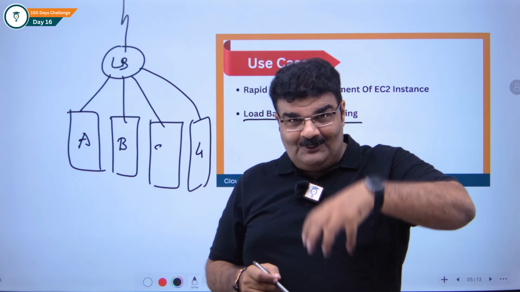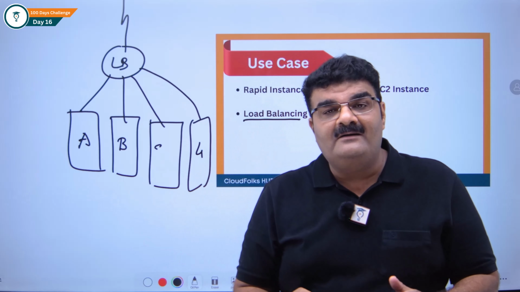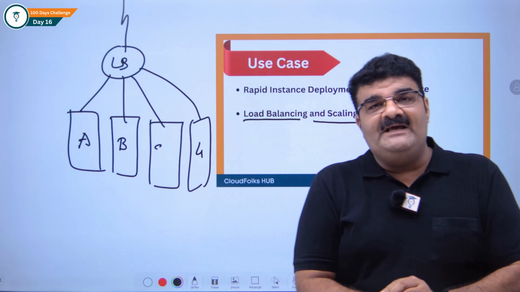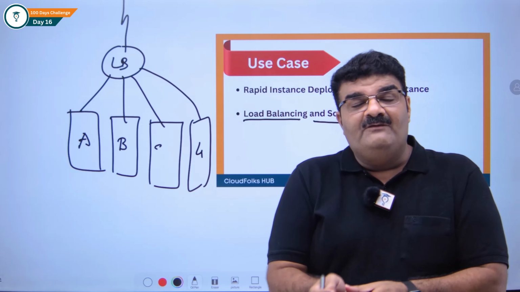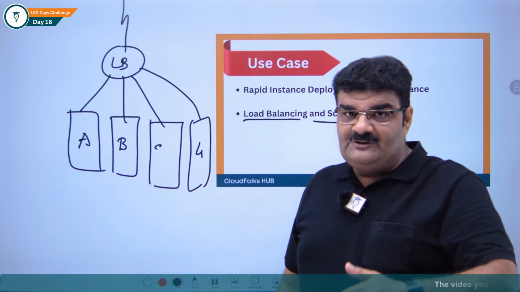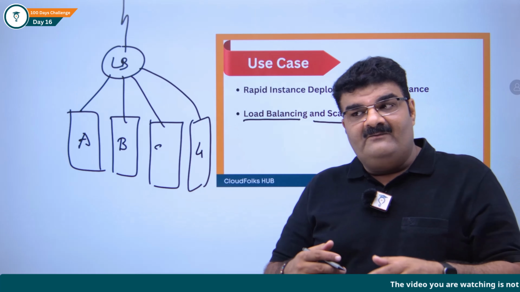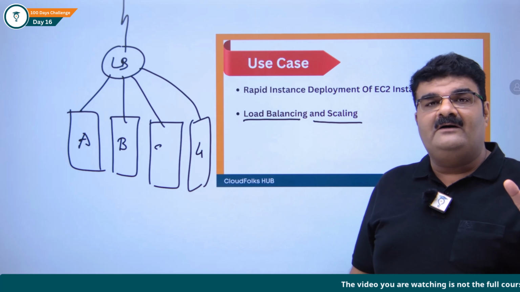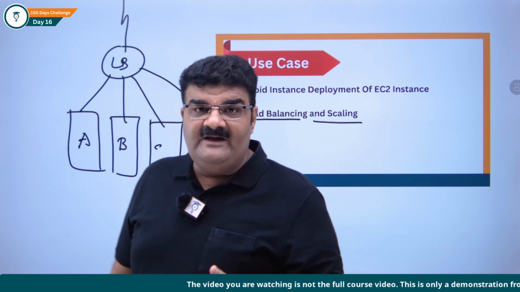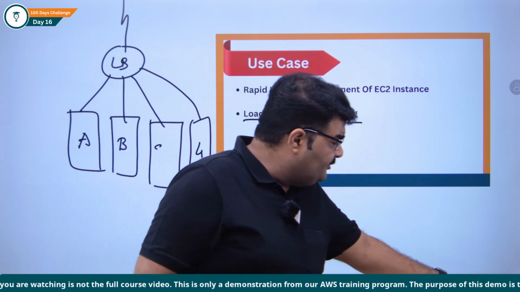Now when we are talking about automatic, how will you get your application inside this new EC2 instance? We will use a customized AMI. Our AMI is ready with all the applications and everything. When auto scaling creates a new EC2 instance, it will use this predefined AMI, and when the machine is ready, it will have all the predefined software ready to use. So this is a very rapid and automatic way to create multiple identical EC2 instances.